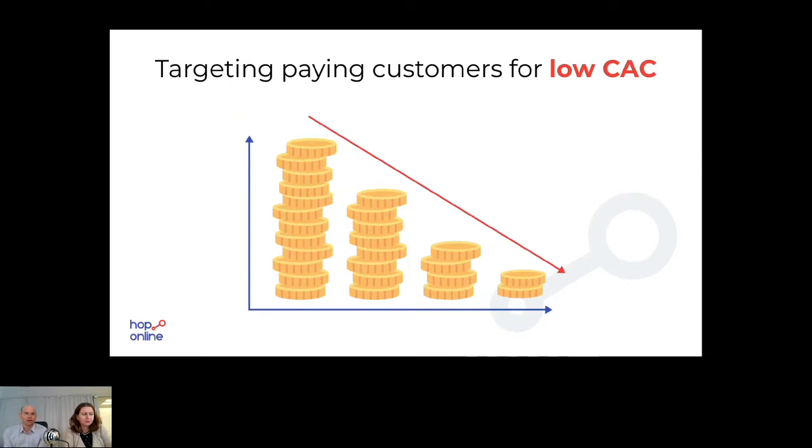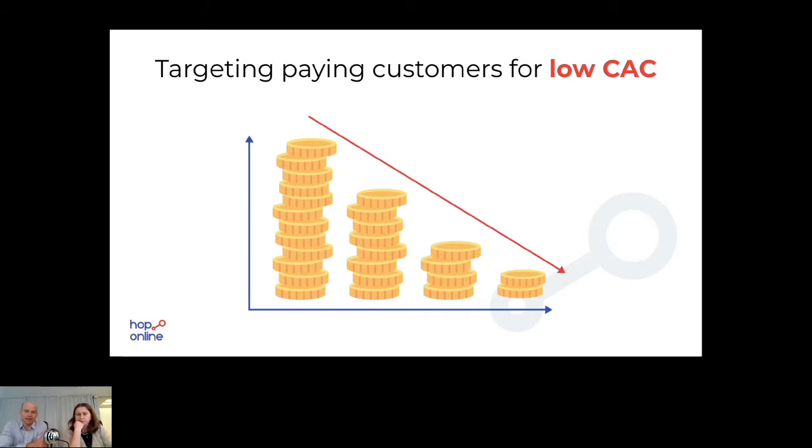And of course, targeting paying customers will help you lower your customer acquisition cost. So people who are searching using those high value keywords that you know about from your paid advertising, a lot of those people, in fact the majority of those people, are clicking on organic results.